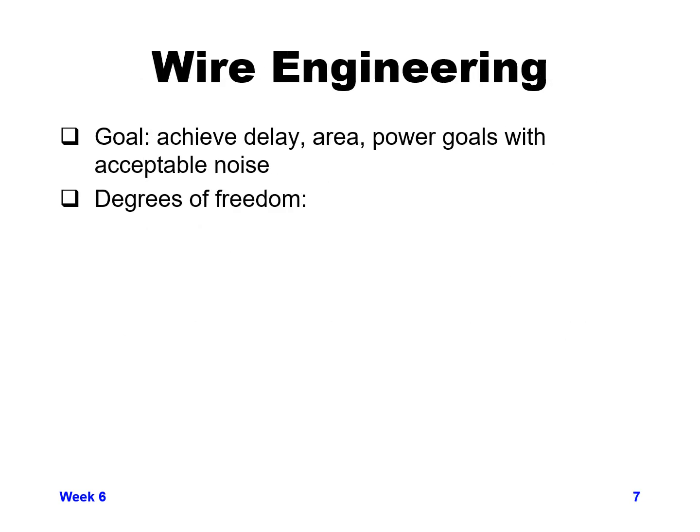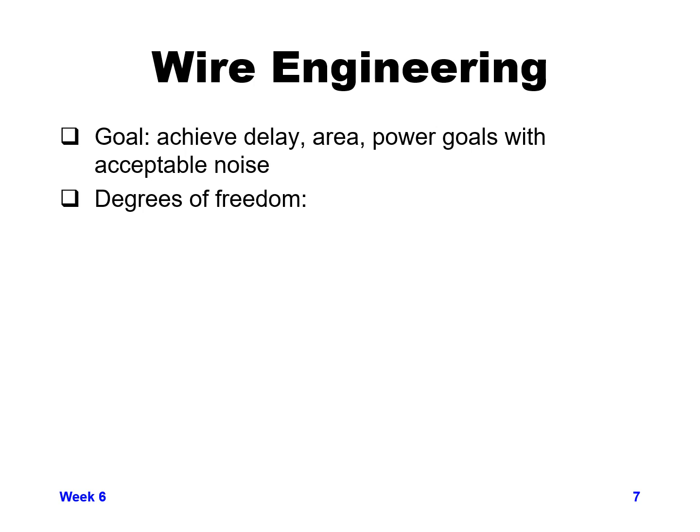So let's go into some factors that might go into how you engineer your wires. So as I mentioned, the delay effects, the RC delay, the noise problems of your wires means you can't just ignore them and go out and route your wires however you want to in all cases.